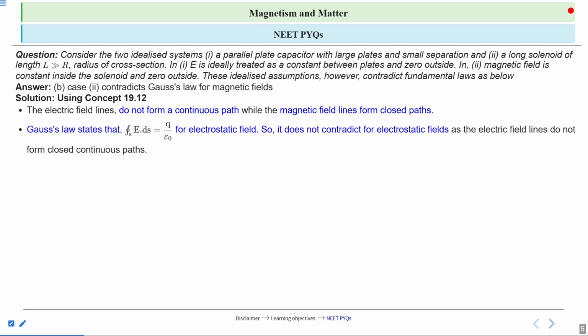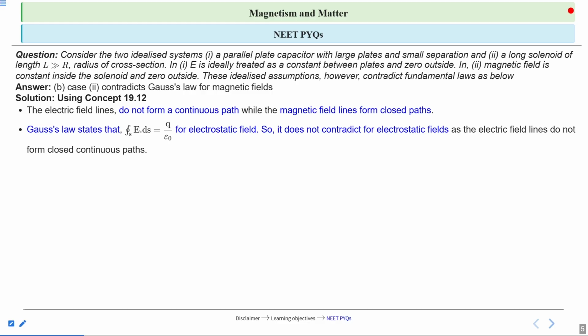So this is Gauss law for electric fields. Gauss law states that over a closed surface, the integral of E dot dS is equal to Q enclosed by epsilon naught, where Q is the charge enclosed for electrostatic fields. So it does not contradict the electrostatic field, as the electric field lines do not form closed continuous paths.